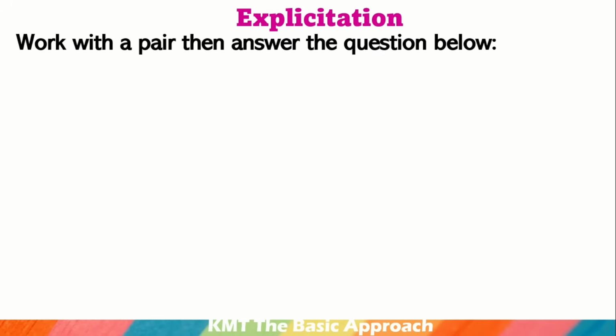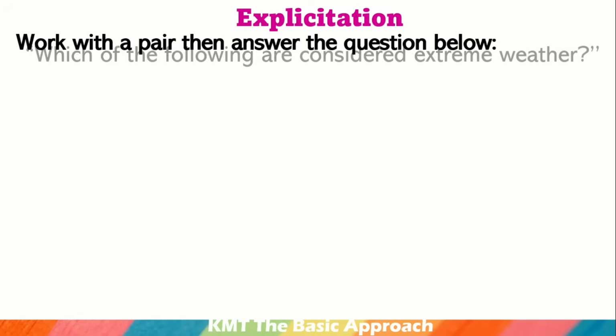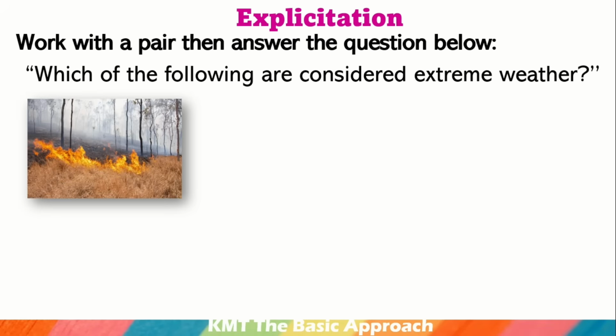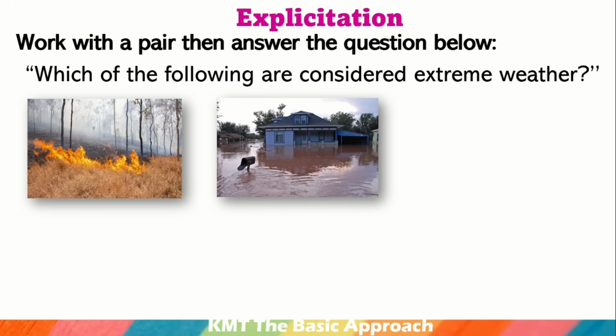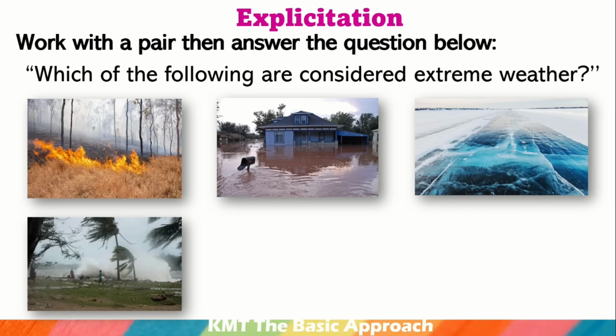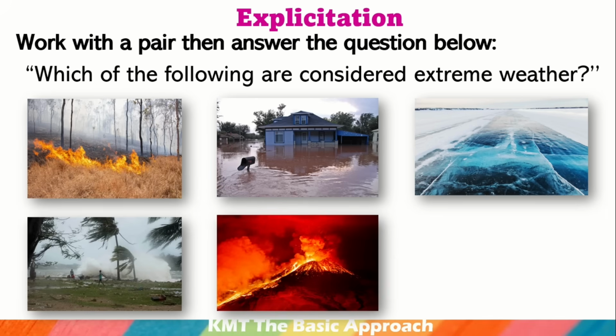Work with a pair, then answer the questions below. Which of the following are considered extreme weather? Number 1, forest fire. Number 2, flooding or typhoon. Number 3, freezing. Number 4, cyclone. Number 5, volcanic eruption.